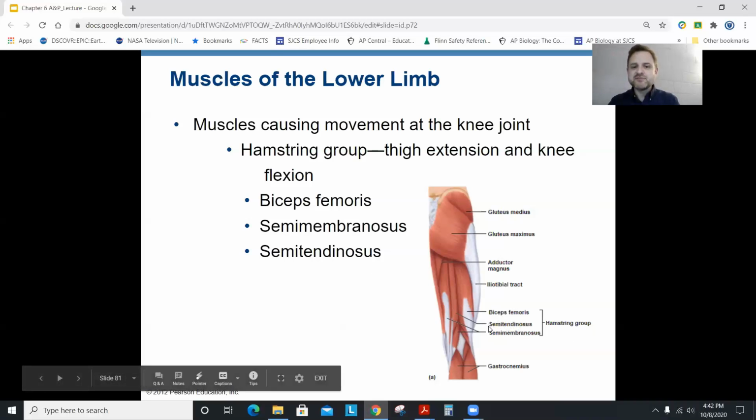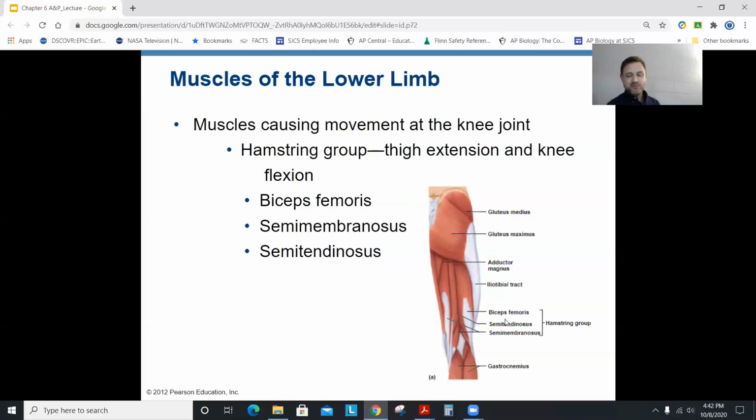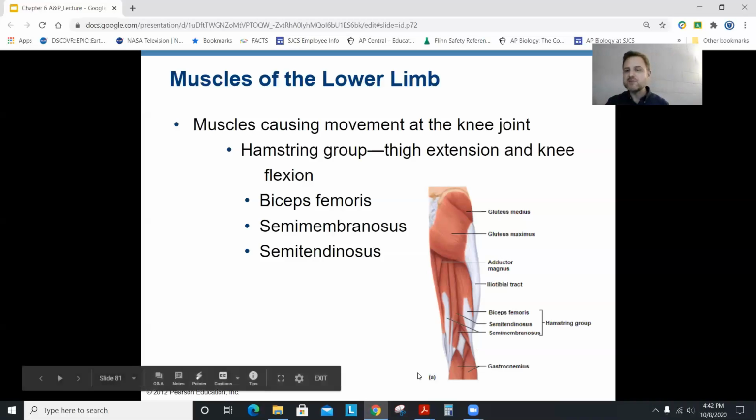So flexing your knee, before you kick the soccer ball, when you bend your knee back, put your hand on your hamstrings and bend your knee back. That's knee flexion. Thigh extension would be like if I stand up, extending my thigh would be bringing my thighs straight up in line with the body plane. Hamstrings do that.